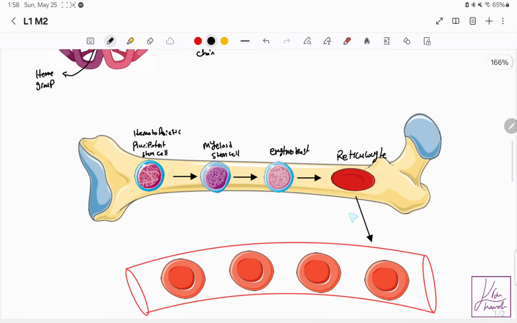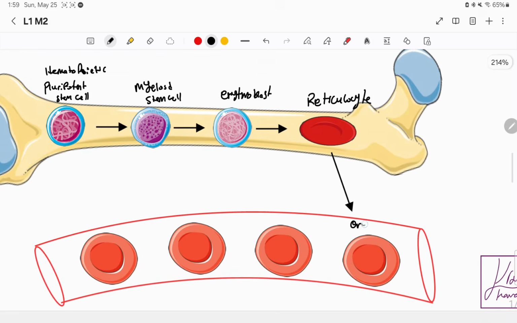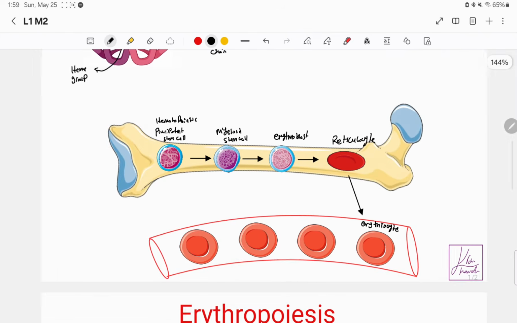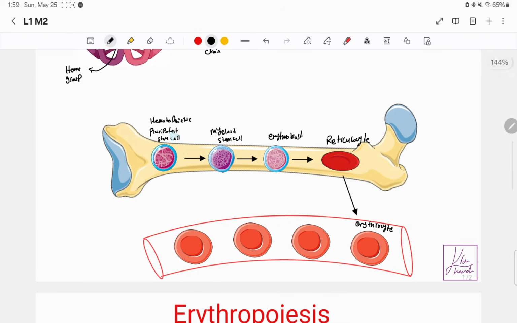The reticulocyte is the stage right before a mature red blood cell or an erythrocyte, okay? In fact, as soon as this guy gets released into the bloodstream, he will now be called an erythrocyte, okay? So it all started out in the red bone marrow with this hematopoietic pluripotent stem cell.